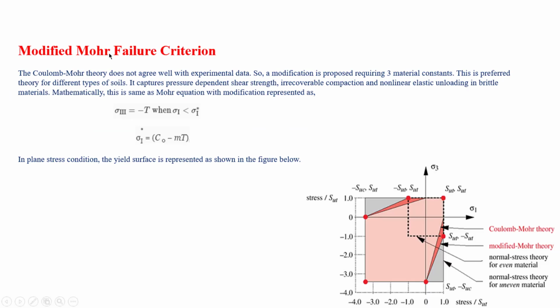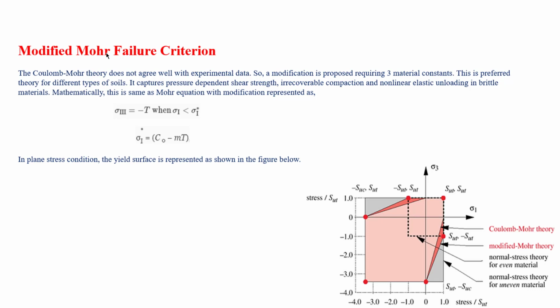Now next thing is the modified Mohr failure criteria. Why is it taken into account instead of only the Mohr-Coulomb criteria? Whatever the Coulomb-Mohr theory is, it does not agree well with all the experimental data.